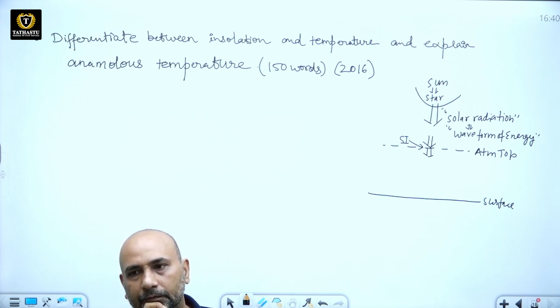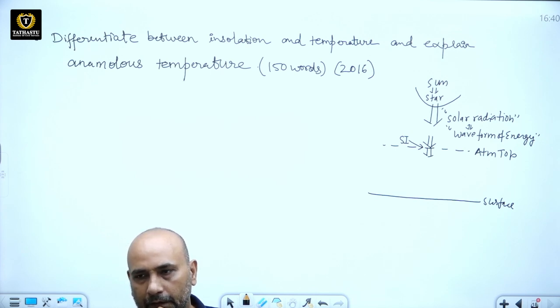First point, either by receiving heat or allowing outflow of heat, and second, by changing volume.